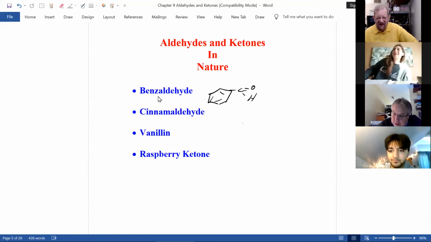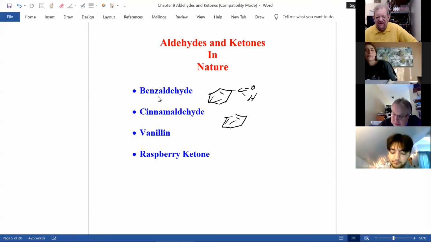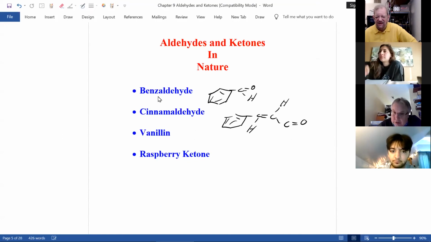And cinnamaldehyde, you learned, is this trans aldehyde. It's got a trans double bond. And vanillin, you already looked up the structure.